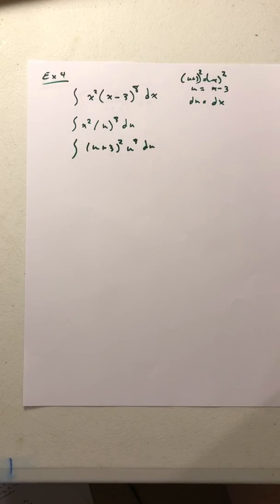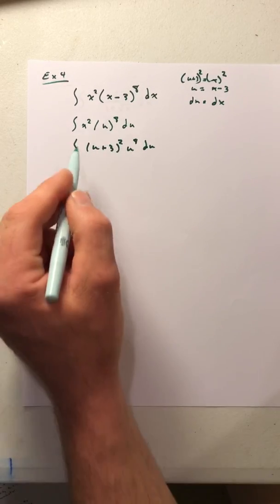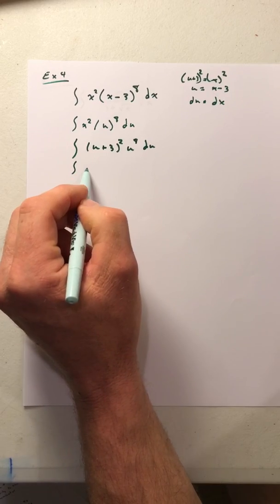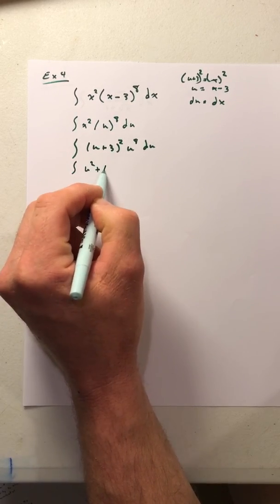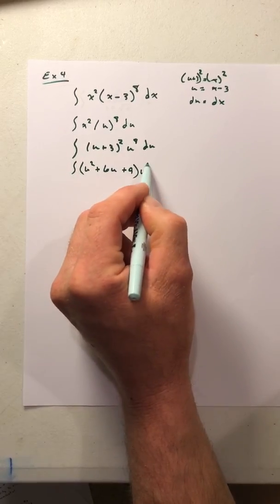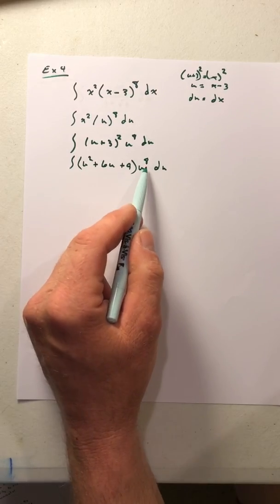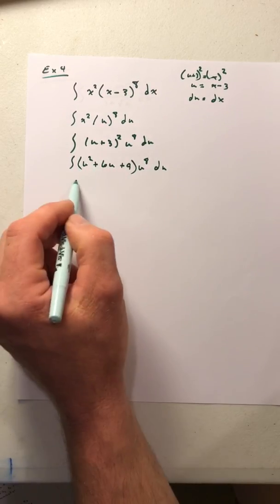That's ugly, because all we can do at this point is go ahead and multiply out this u plus 3 squared. Well, u plus 3 squared is u squared plus 6u plus 9. And that's going to be multiplied by u to the 8th du. I can now multiply my u to the 8th in.